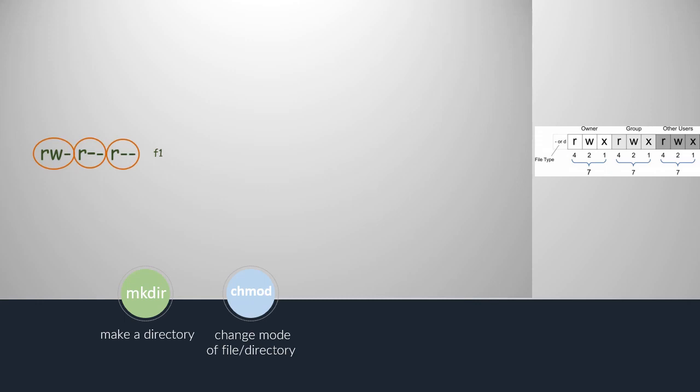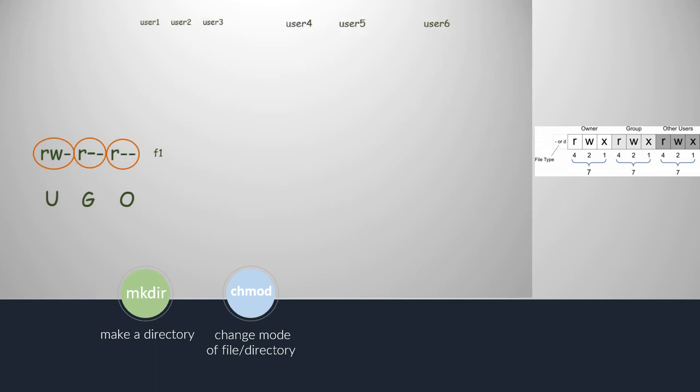So out of these 9 characters, the first 3 characters tell about the permissions of the owner of the file. The next three characters tell about the group members' permissions, and the last three characters will tell about the permissions of others.